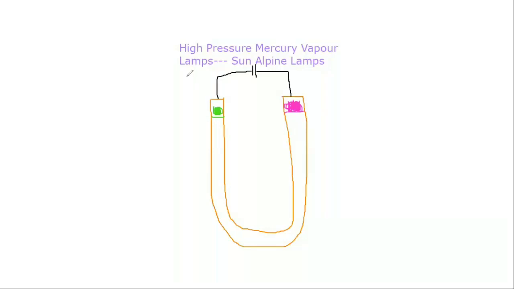Whatever I am drawing with red color is nothing but argon gas. And my blue color is my mercury. Okay, so now I will label this diagram.